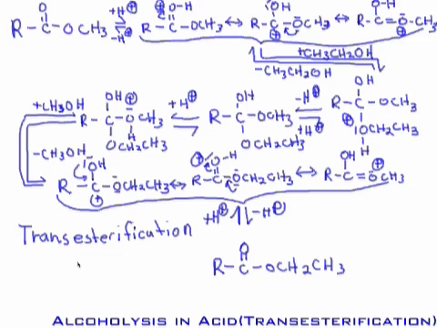We saw one exception. Remember the molecule methyl 2,4,6-tri-tert-butyl benzoate, which can do it via SN2. And then we went on to the alcoholysis reaction, alias the transesterification reaction, which goes by nucleophilic acyl substitution, and we examined it in acid and base.